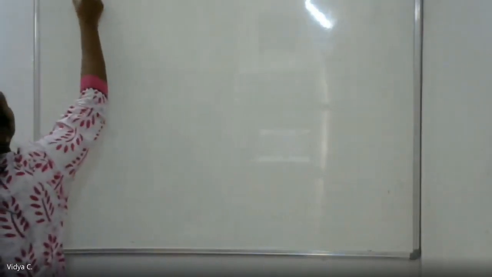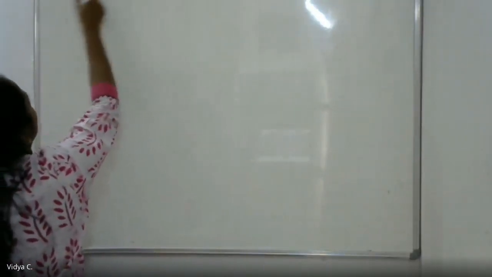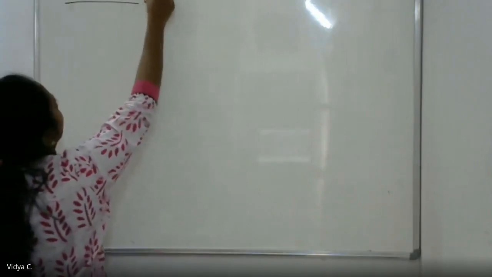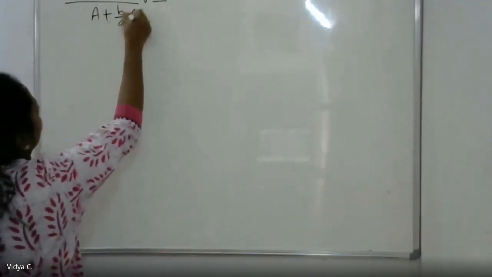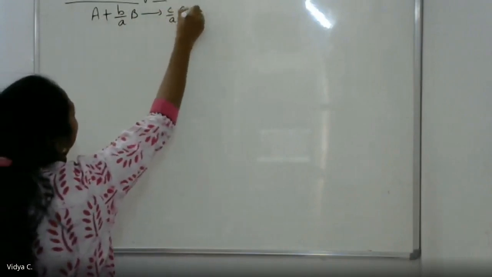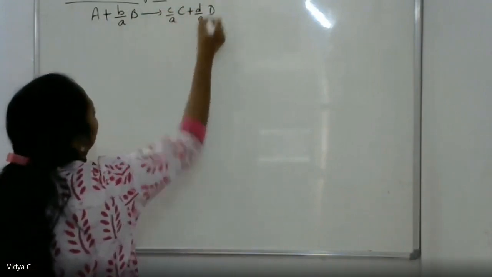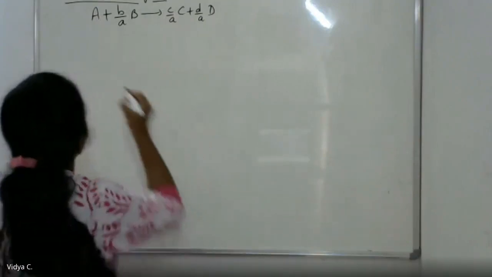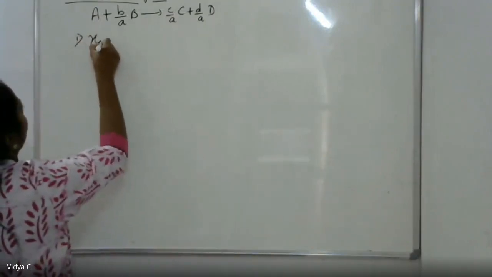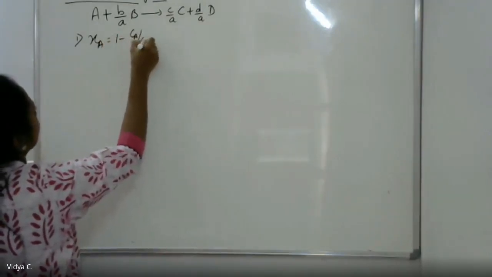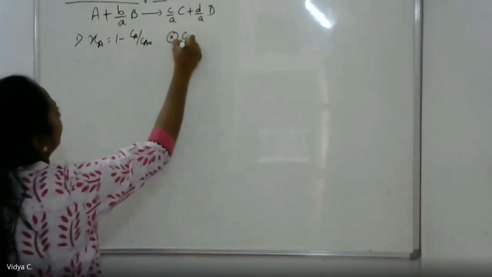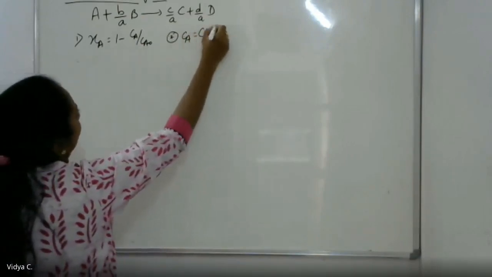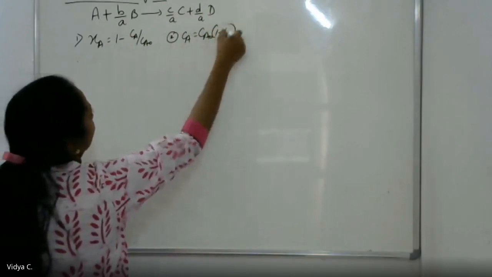So for a constant volume system, the very first thing, I'd like to write the reaction: bB plus aA gives cC plus dD. The very first formula for conversion: XA is equal to 1 minus CA by CA naught. And the second formula, therefore CA is equal to CA naught into 1 minus XA.